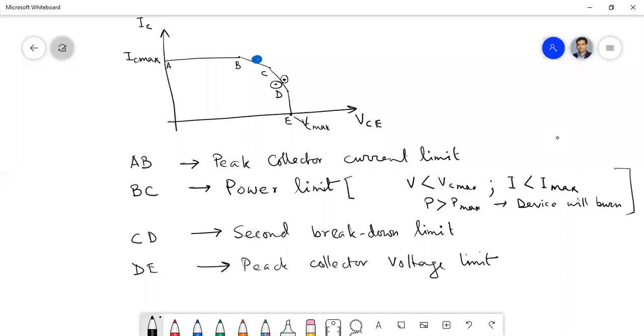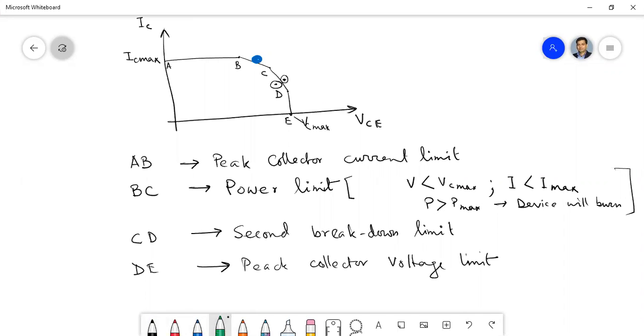So this peak voltage limit comes from the forward voltage blocking capability of any PN junction, and that determines this VCE max.